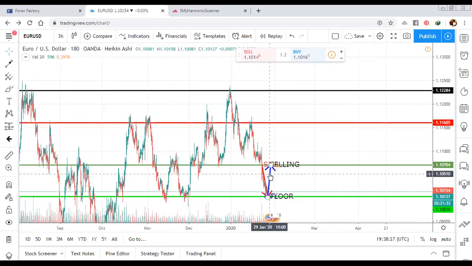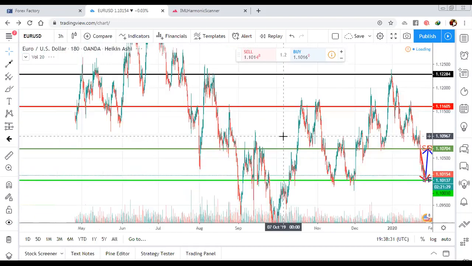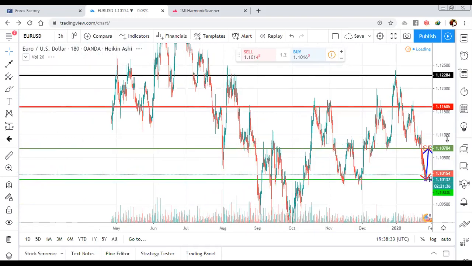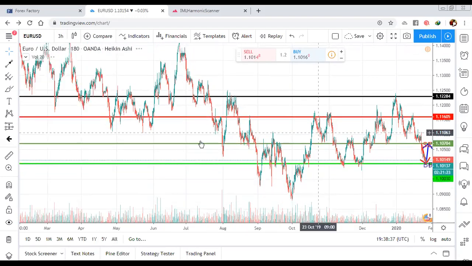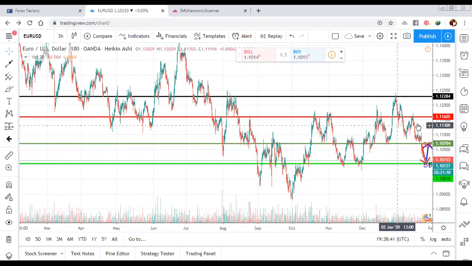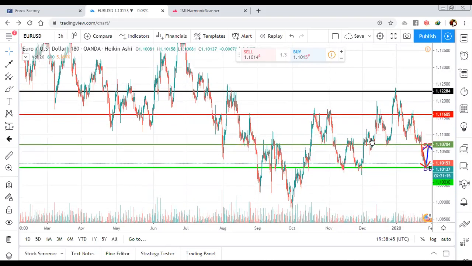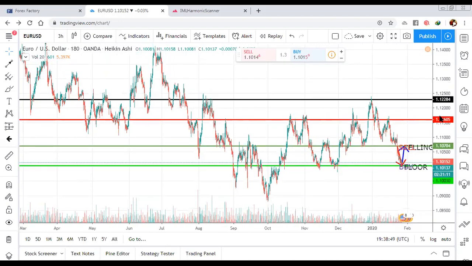Now, because Forex is being controlled by humans, as long as people continue buying and selling in this life, Forex will keep going. That is why you see that things tend to repeat themselves in this market.